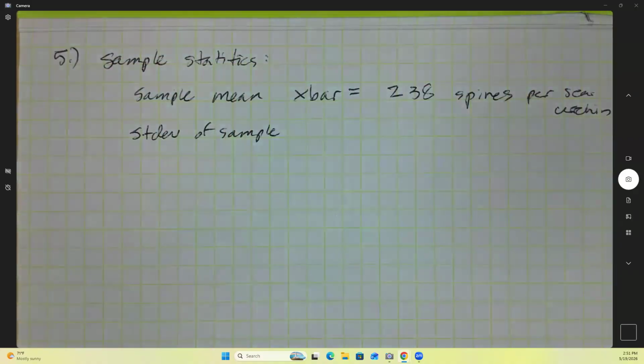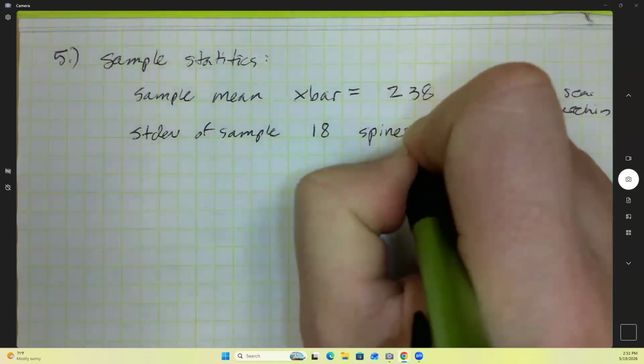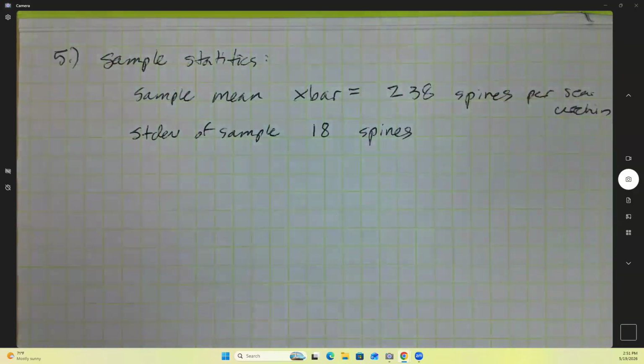Well, we're going to start by collecting the standard deviation of the sample, which was 18 spines. Right, so on average, they had 238. A couple of them had up to 270, maybe even 280. A couple of them were all the way down at like 200, right? We had a wide range.